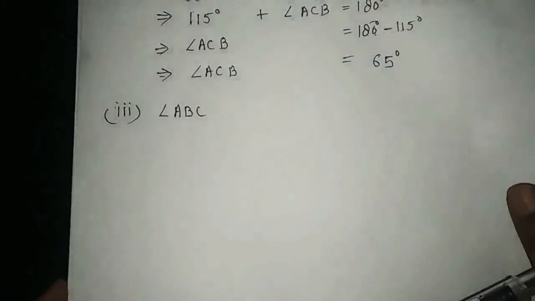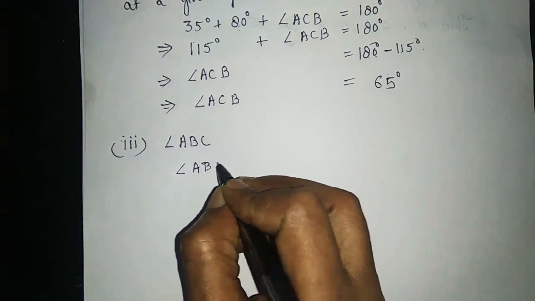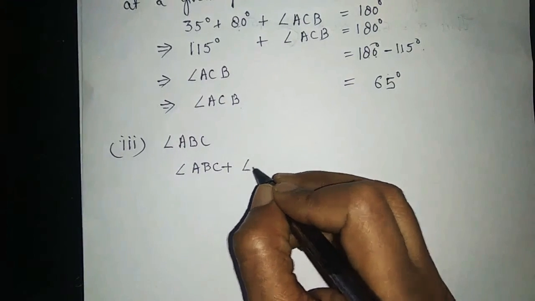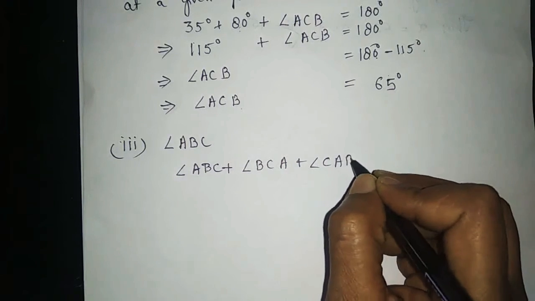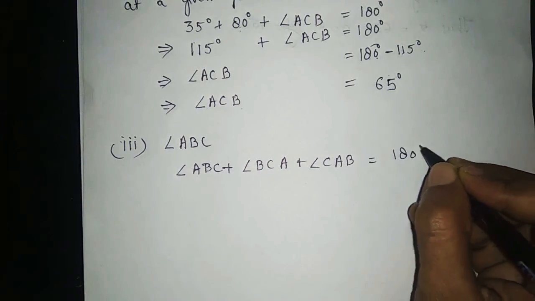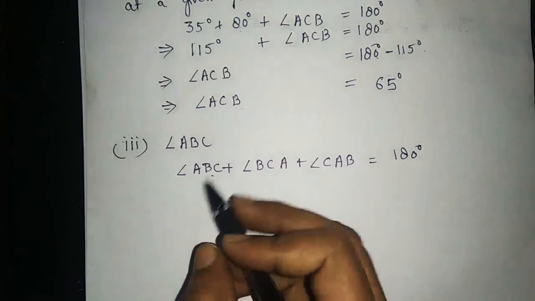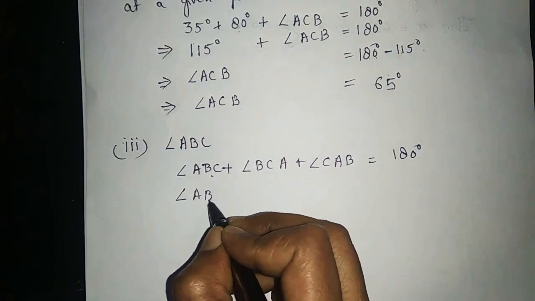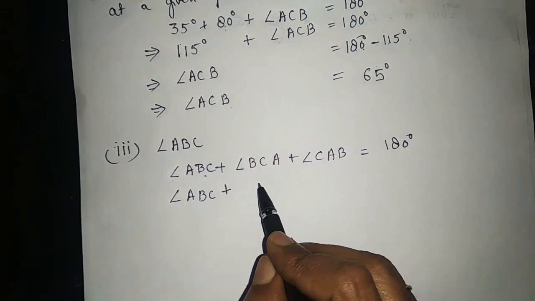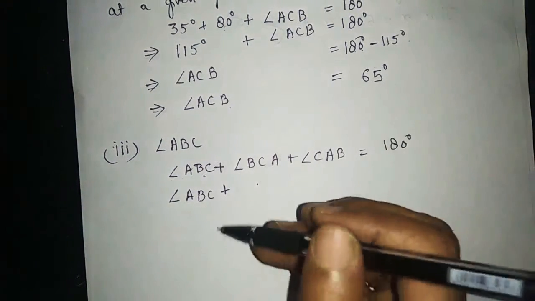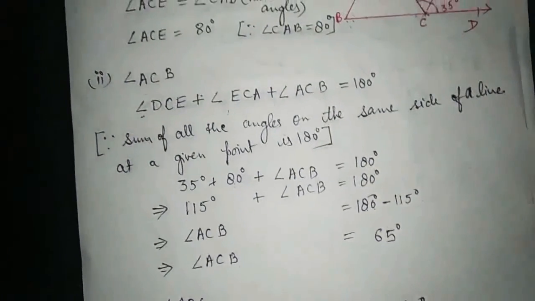So here we write angle ABC plus angle BCA plus angle CAB is equals to 180 degree. Here angle ABC we have to find, so we will write as it is, and measure of BCA we have calculated 65 degree, so 65 degree we will put here, plus CAB.